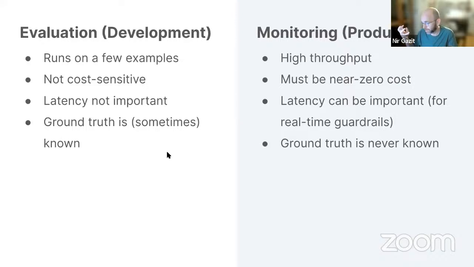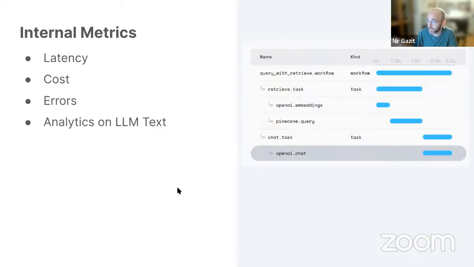I want to spend a couple of slides giving you some ideas around what kind of metrics you can use that agree with these conditions, that can support high throughput, cost almost zero to run, and give you a sense of how well your model is performing in production.